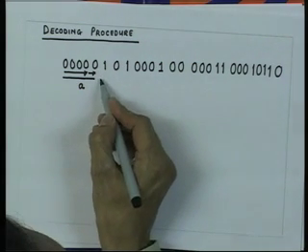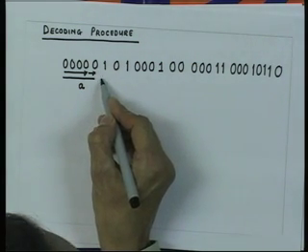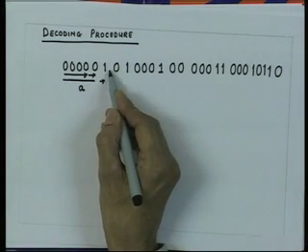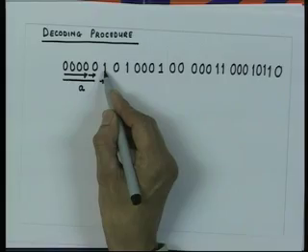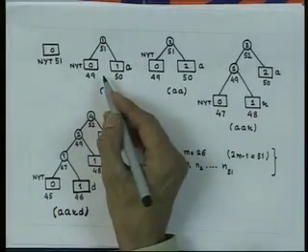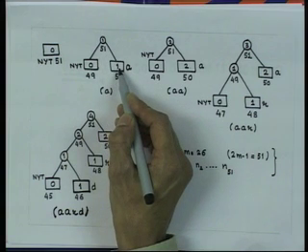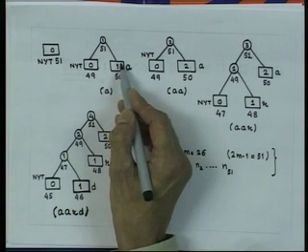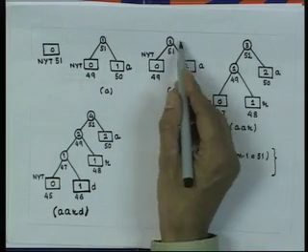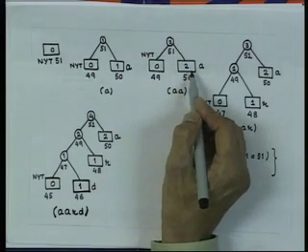The next bit in the string is 1. Now this traces a path from the root node to the external node corresponding to A. So we decode the symbol A and then update the tree as shown here.